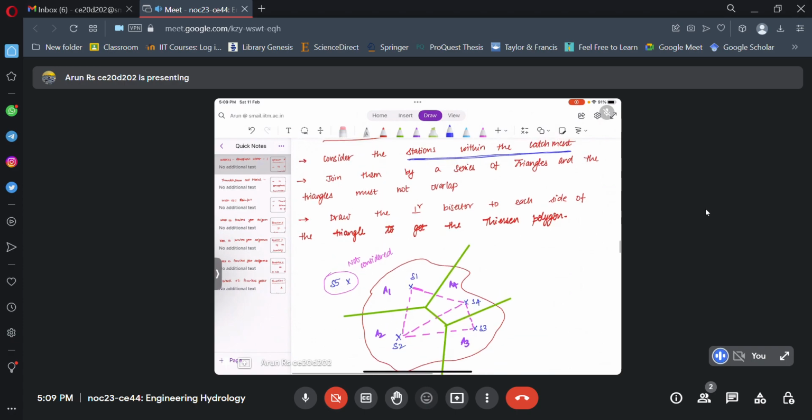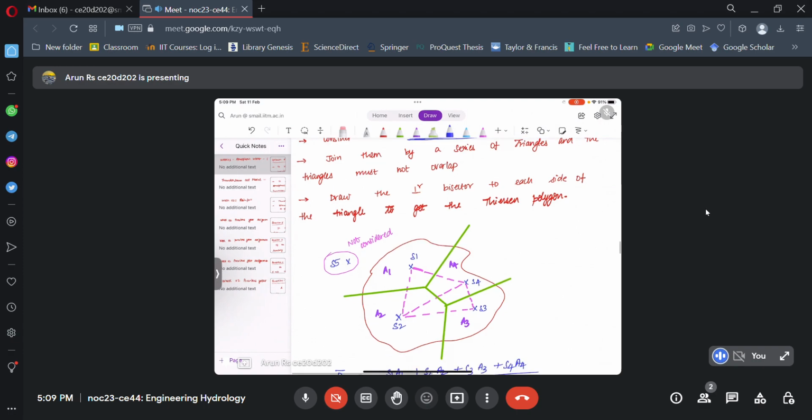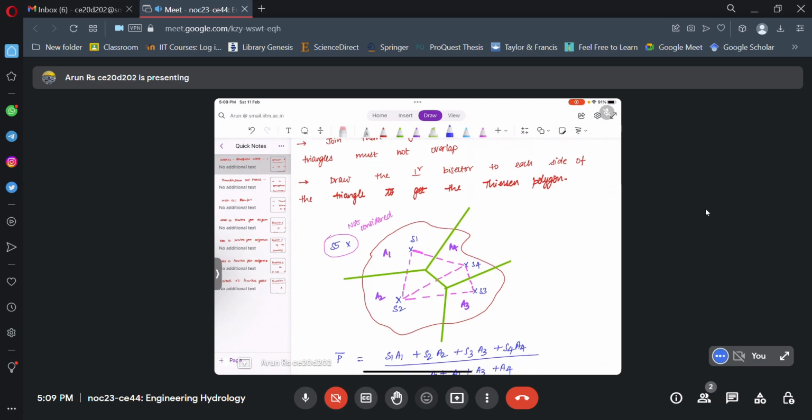This is something you need to remember. Here I have shown a catchment, let's say one of the subbasins, and it has 5 stations which I have displayed: S1, S2, S3, S4 and S5.